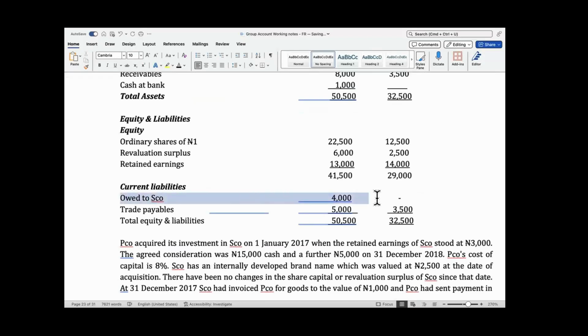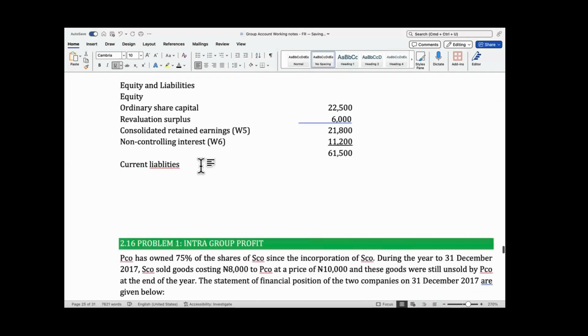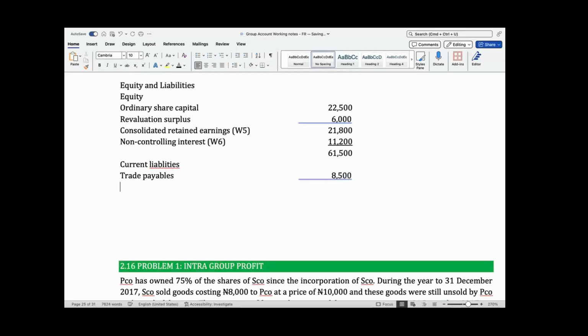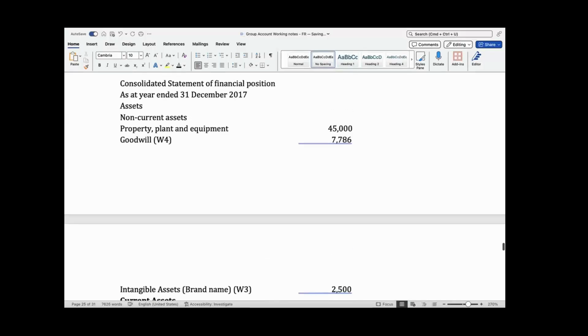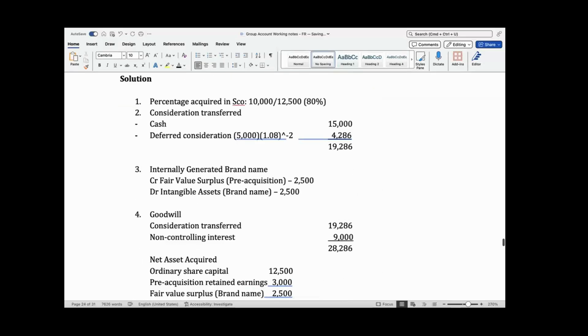The owed to ESCO will not come up since it has been cancelled out, but trade payables is now 8,400. But something you might forget is that deferred consideration. So that you don't forget, like we forgot right now.